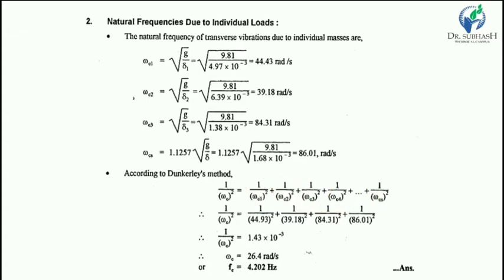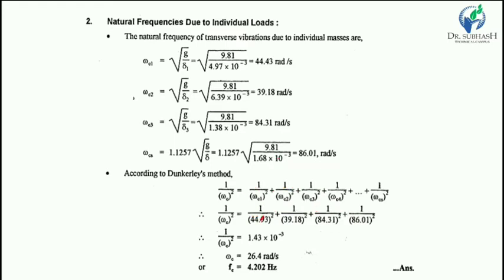What is omega C1? Omega C1 is the circular frequency for mass 1, omega C2 for mass 2, omega C3 for mass 3, and omega C4 for mass 4.